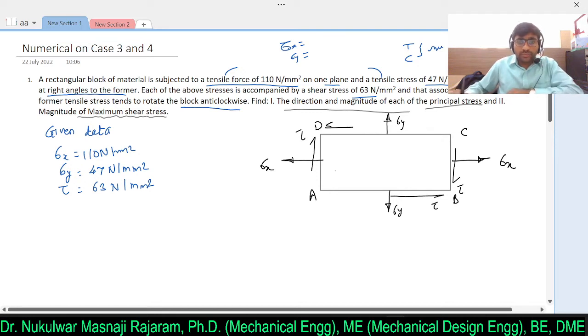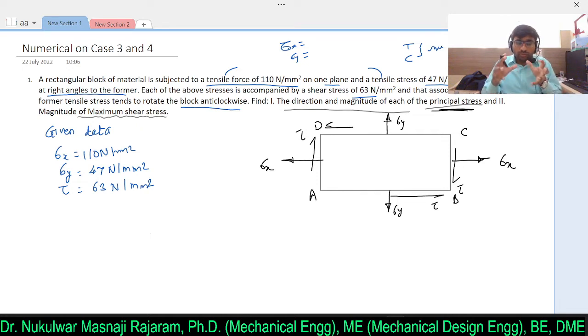Now here we need to find the magnitude and direction of the principal stresses. So the plane we need to evaluate is where the shear stress is 0. We did the derivation, and from that we evaluated the formula to calculate the maximum principal stress and minimum principal stress, also known as major principal stress and minor principal stress.